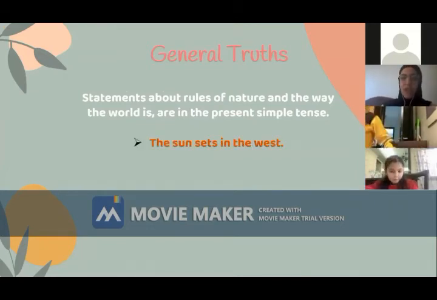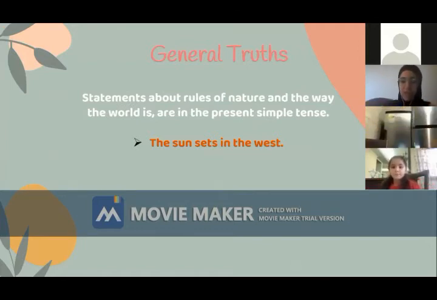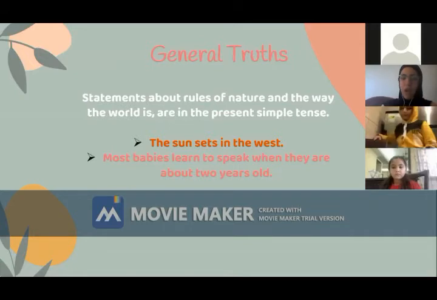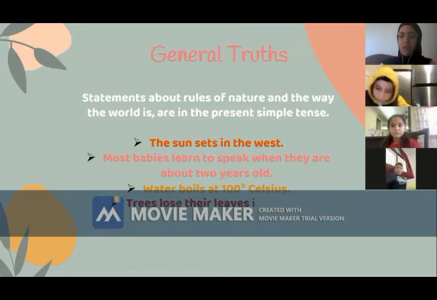For example, the sun sets in the west. This is something we cannot change. The sun sets in the west, or the sun rises from the east. Most babies learn to speak when they are about 2 years old. This is a general truth. Water boils at 100 degrees Celsius.